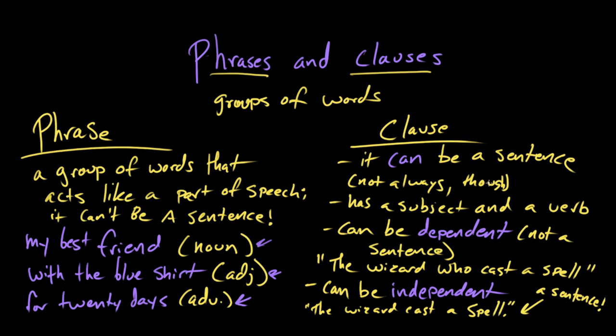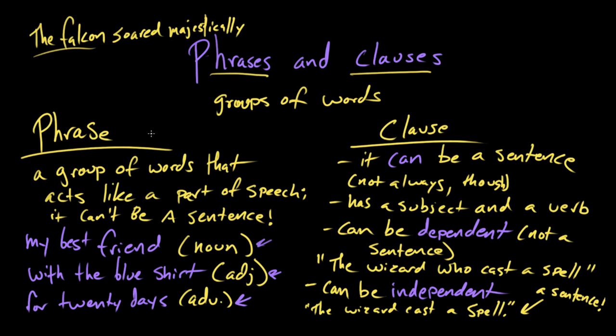So let's test a couple of things and see if they are phrases or clauses. The falcon soared majestically. This is a group of words, and we've got the falcon here. That's a noun phrase that's behaving like a part of speech. So I know that this definitely has a phrase in it.